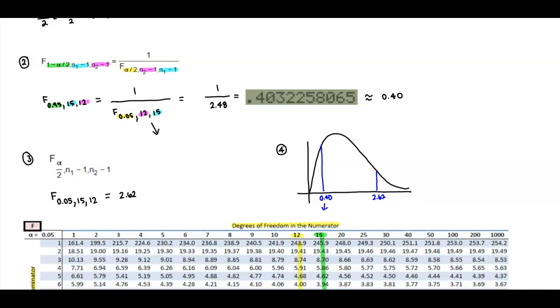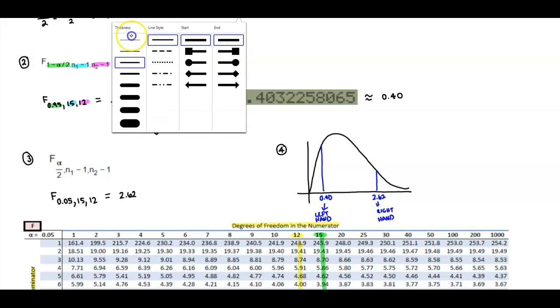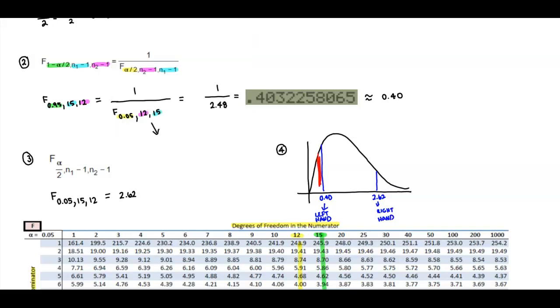This one represents the left hand, and this one represents the right hand. And we should also realize that these, the red here, both represent the critical region.